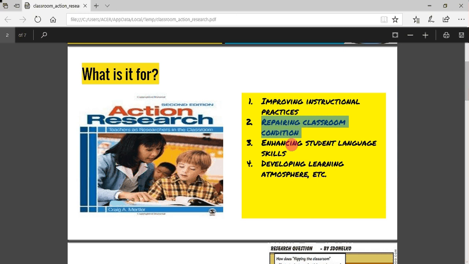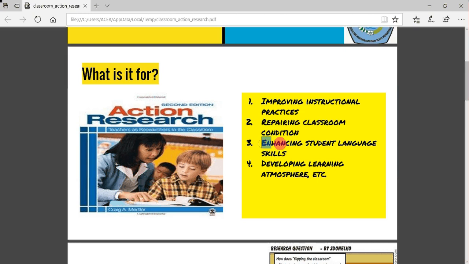Alright, let's go to the third one, enhancing student language skill. As we know, there are four main language skills, namely speaking, listening, reading, and writing. Take for example, it is currently hotly debated that writing has now become a very common practice in our school context.